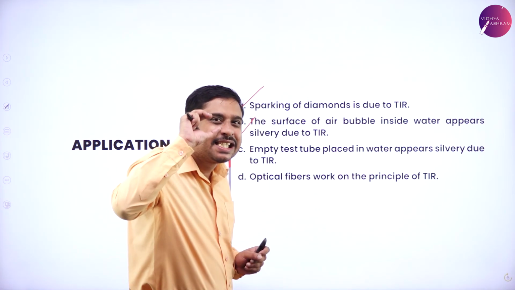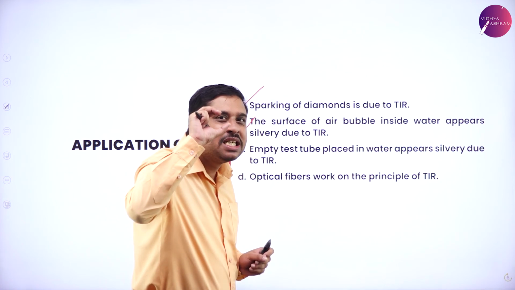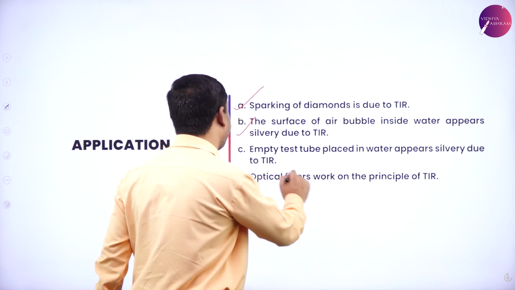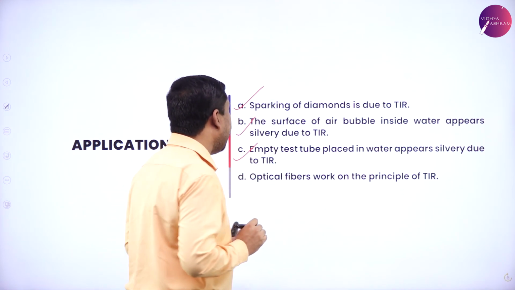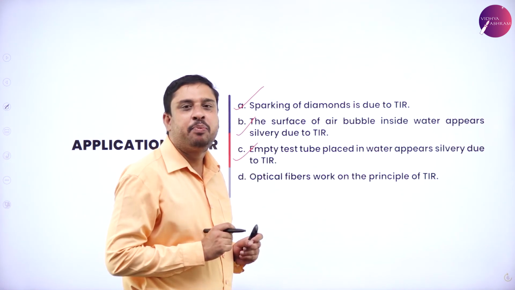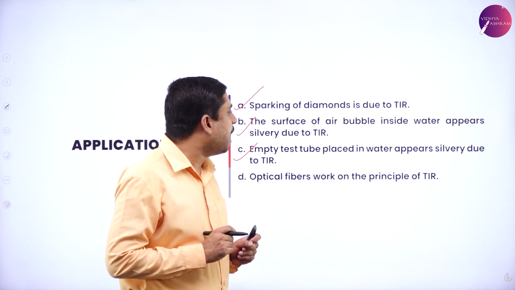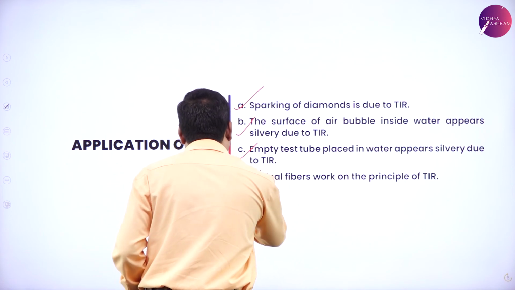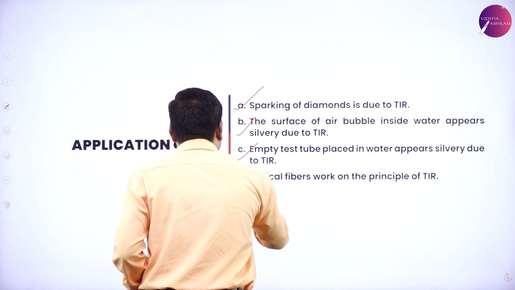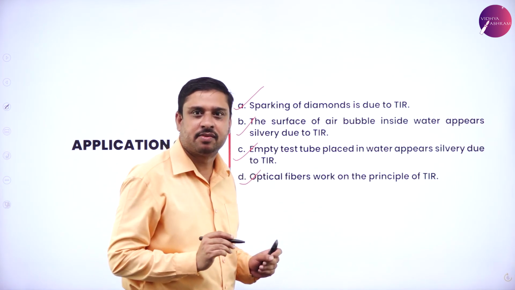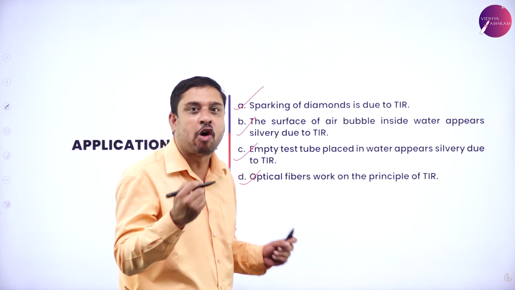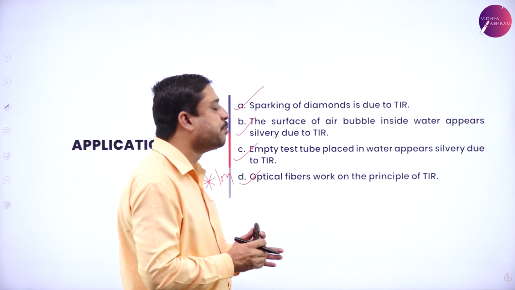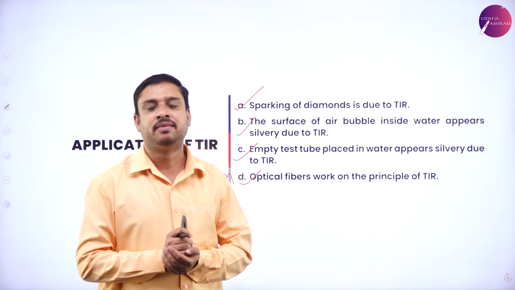Air bubble, the surface of that appears silver in nature due to total internal reflection. An empty test tube placed in water appears silvery due to TIR, and this is very important for 1 mark. Optical fibers, generally used for communication, work on the principle of TIR.